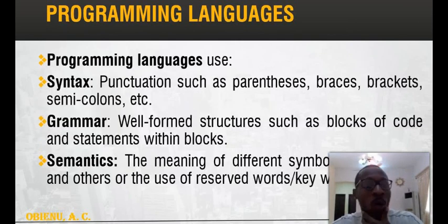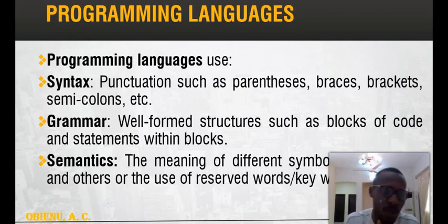Likewise, programming languages also use these things. We also have syntax, grammar, and semantics. Semantics has to do with the meaning. The grammar has to do with well-formed structure, such as blocks of statements. Then the syntax has to do with the structure.